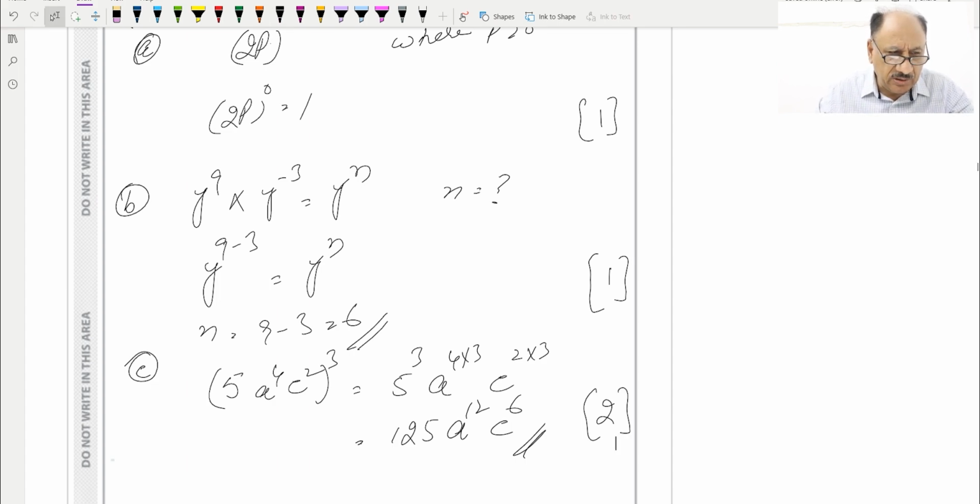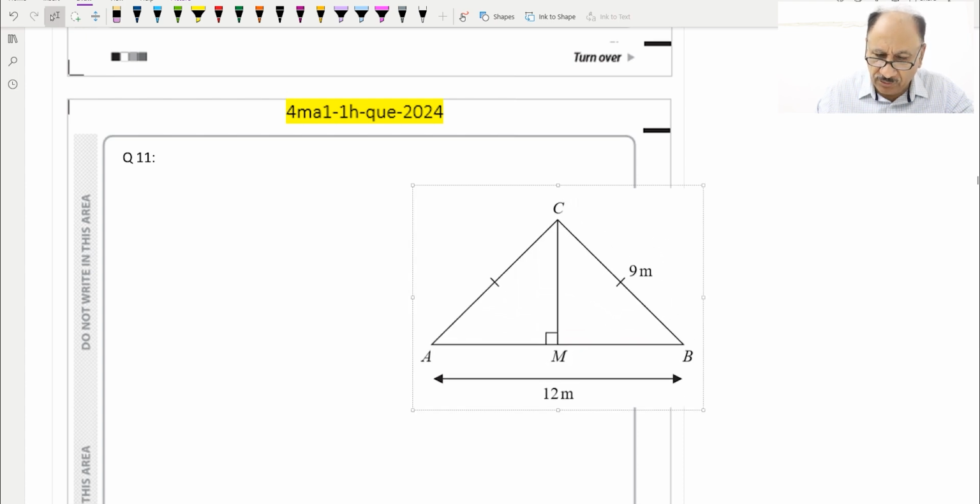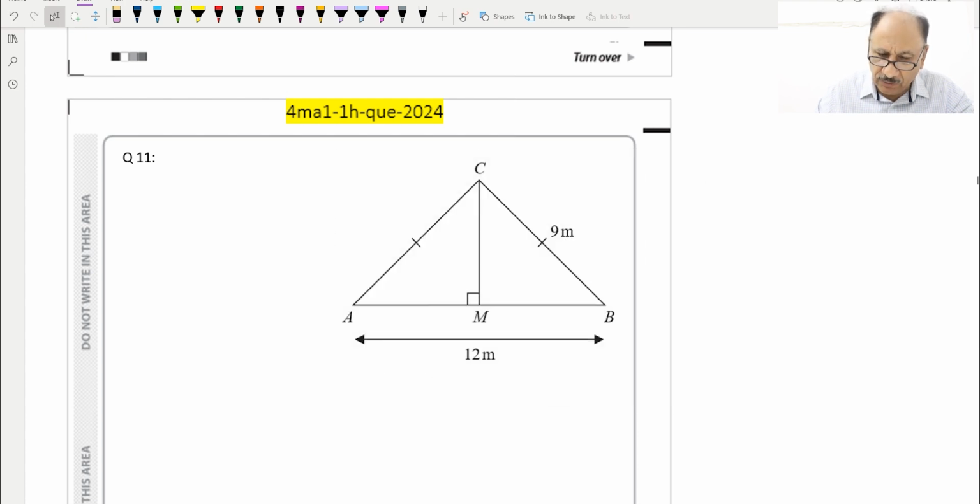Now question number 11. This is question number 11, and the diagram shows a roof support. Measurements are given. Diagram is not to scale, and the roof support is made from 4 lengths of wood.